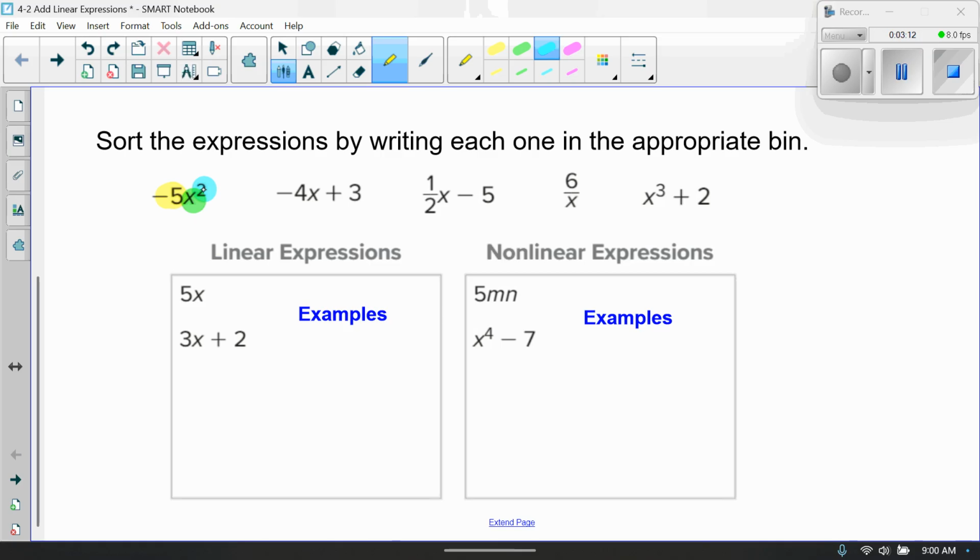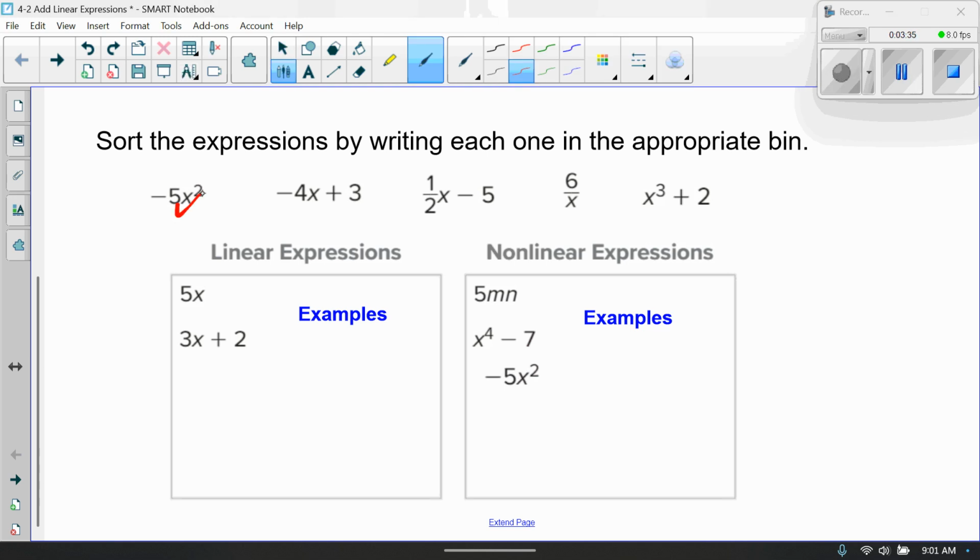So it has to be a power of 1. So for this one, that negative 5x squared is not a linear expression, so it goes in the nonlinear expressions box. So this one is done.